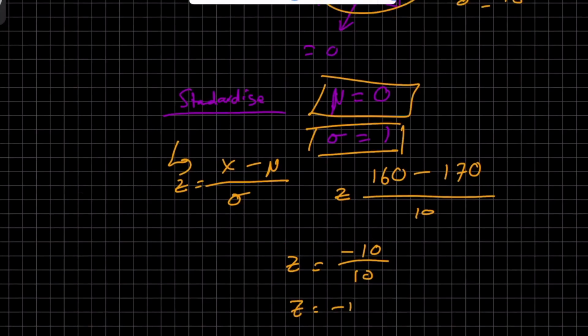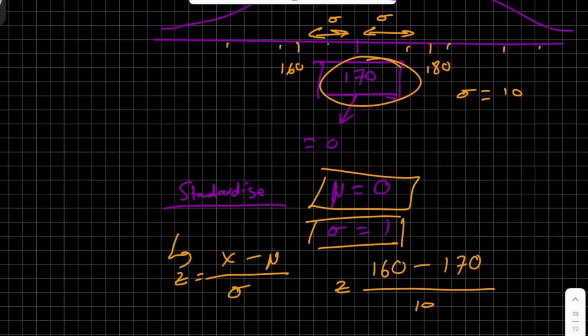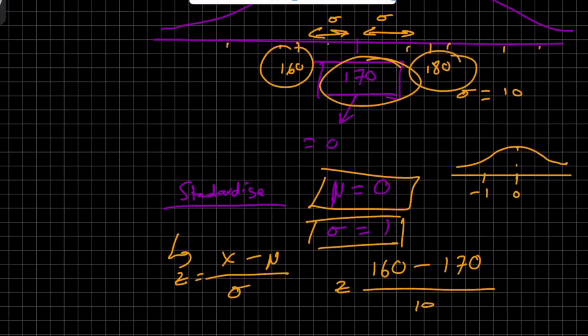So if we standardize this value, that's z, this should give us negative 10 divided by 10, which equals negative 1. Remembering that now that we've standardized this graph, it is most ideal because this means that our 160 has now been converted to negative 1, our mean has been converted to 0, and let's try it with 180. This should be converted to 1, so within one standard deviation. Before it was within one standard deviation, even now it's within one standard deviation, only we want our standard deviation to be 1 instead of 10.